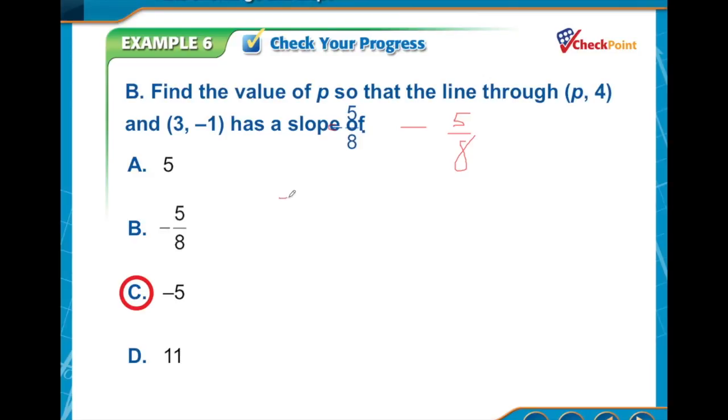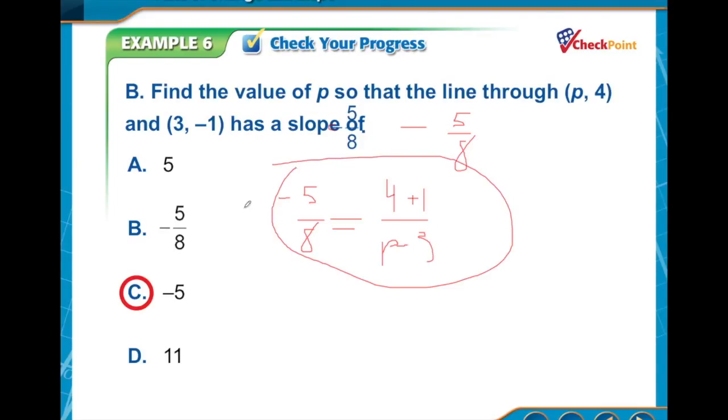So if we were going to rewrite the way that formula should look, m equals y2 minus y1 over p minus 3. So this formula would give us, when you cross product and solve, p would have to be a negative 5.